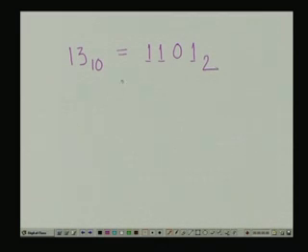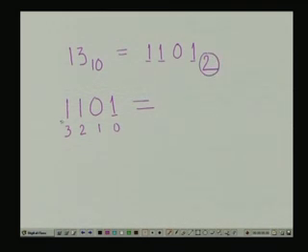So, if I want to check what that 1, 1, 0, 1 is in decimal, see, this is my 0th position, this is the first position, 2 and 3, this is in base 2.